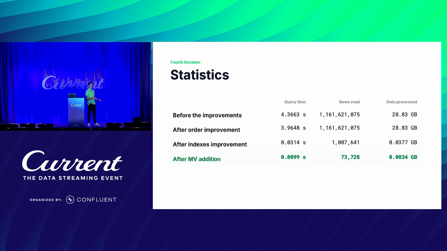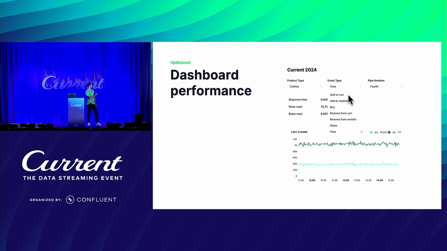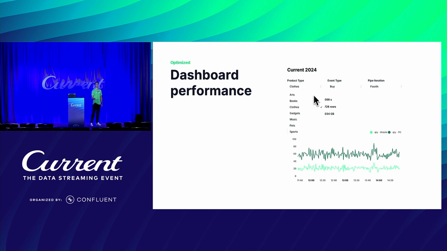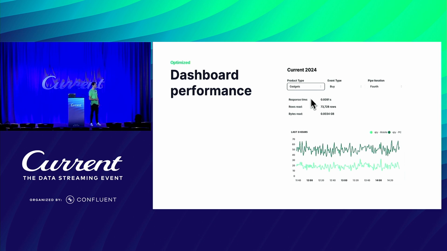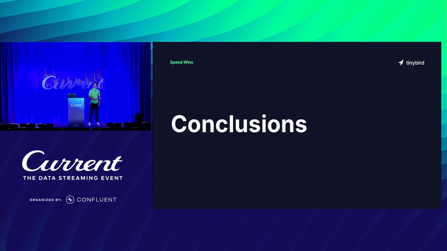And it's always mind-blowing for me that just with these changes you can have this kind of improvement. And again, here's our final real-time dashboard. And this kind of performance is really what's going to give your end users a great experience in a user-facing application. So, some conclusions.